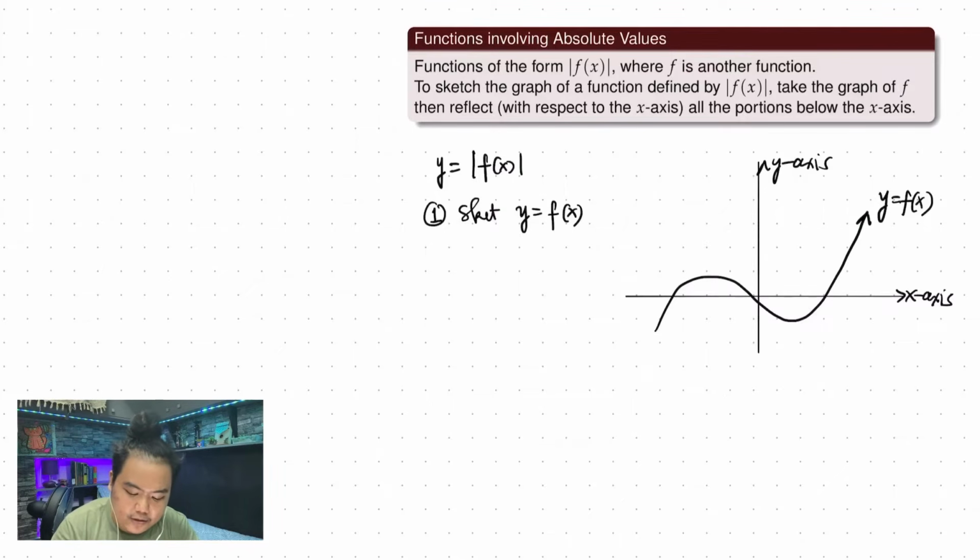So, sabi dito, reflect all the portions below the x-axis ng graph ni f of x. So, yung mga nasa ilalim, i-reflect ko na lang gamit ang red. So, ito yung reflection nito. Ito, ang reflection nito ay something pa ganon.